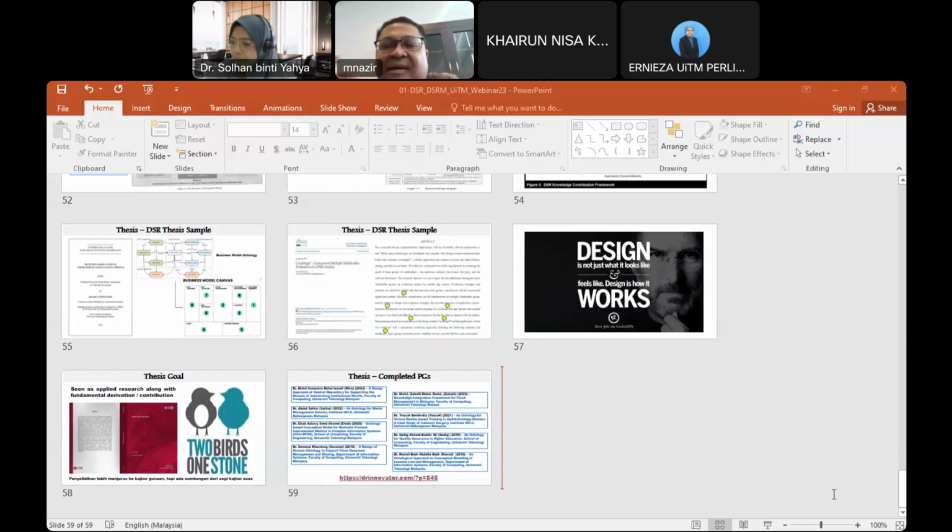Itu scientific rigor. Dia tak boleh hearsay. You buat cerita, tak boleh. Sebab bila kita put in the introduction ataupun background, nanti kita kena buat citation, kita kena buat reference kat situ.